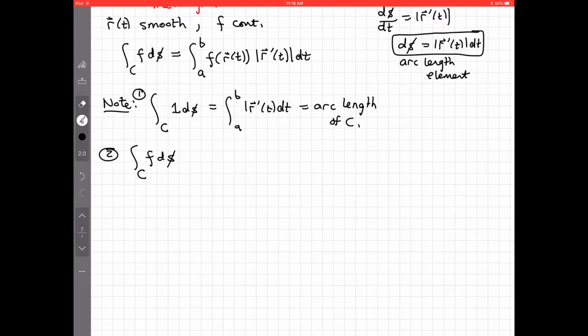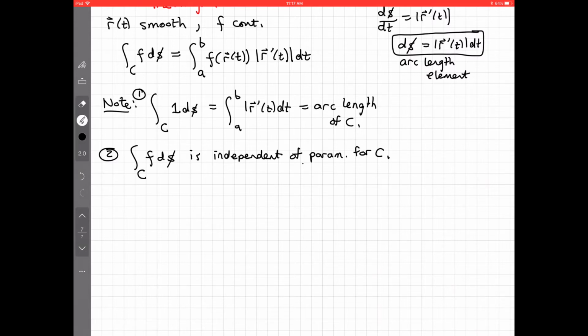Without going through the details of this, long story short, this integral is independent of parameterization for C. So if you parameterize C in any way you want, any smooth parameterization, then this will give you the same answer.